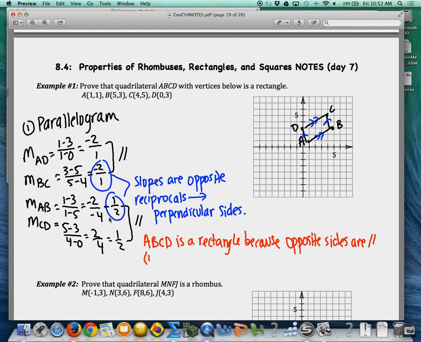Okay, so in parentheses, I'm going to put that shows us that we have a parallelogram. And there are 4 right angles, or the sides are perpendicular, something like that.